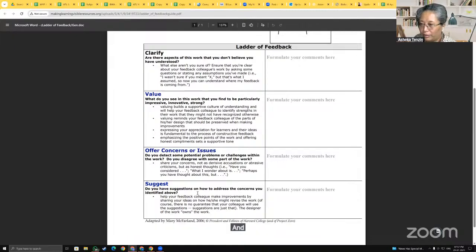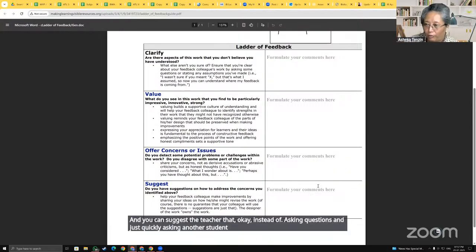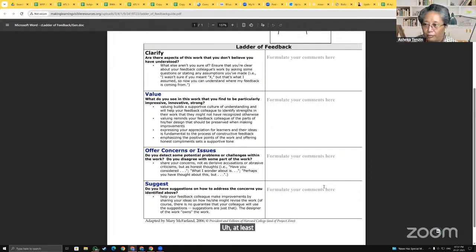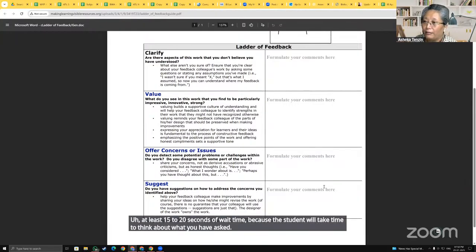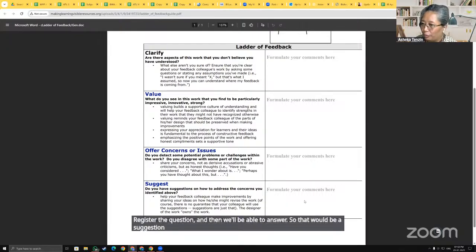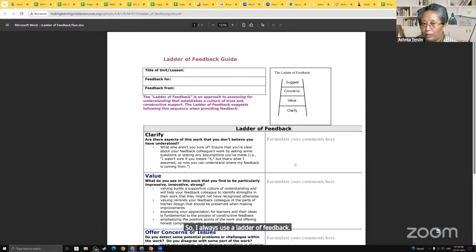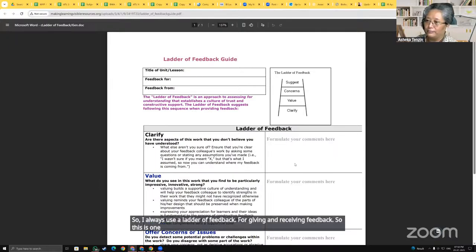And you can suggest to the teacher that instead of asking a question and quickly asking another student before the first person is able to answer, you can have at least 15 to 20 seconds of wait time, because the student will take time to think about what you have asked, register the question, and then be able to answer. So that would be a suggestion that you give. I always use a ladder of feedback for giving and receiving feedback. So this is one strategy.